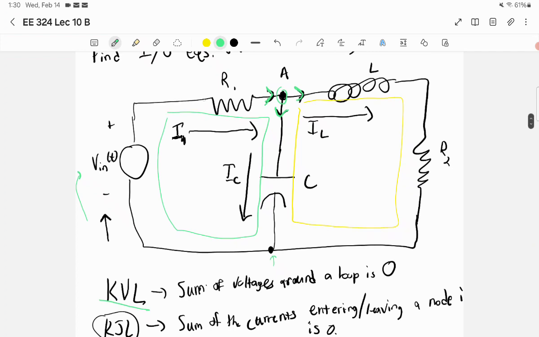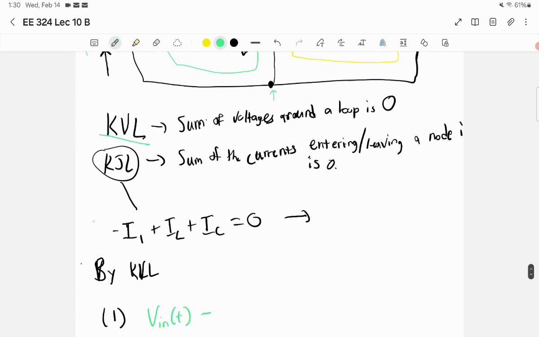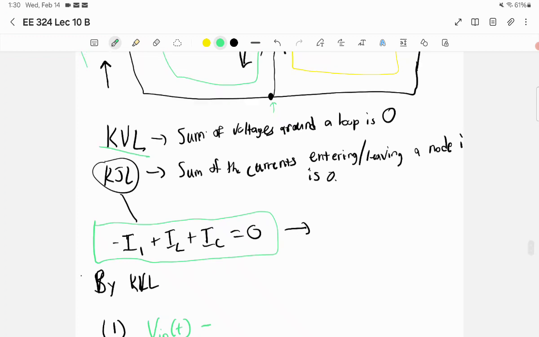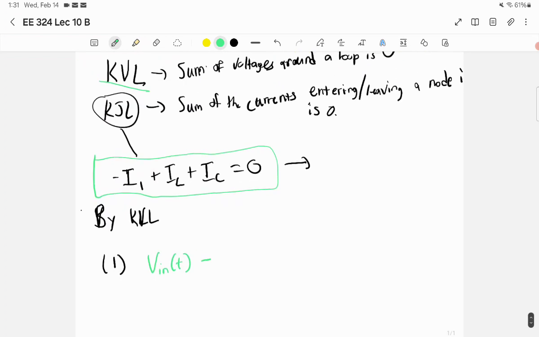So that means I1 is going to be negative because it's coming into the node. That's what I have written here, and that gives me my junction law.